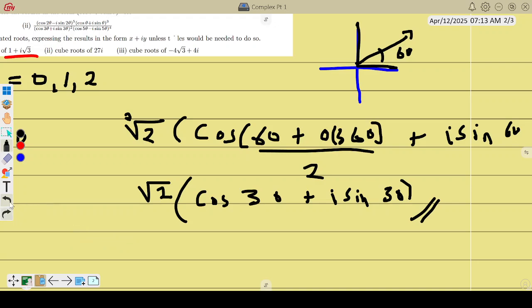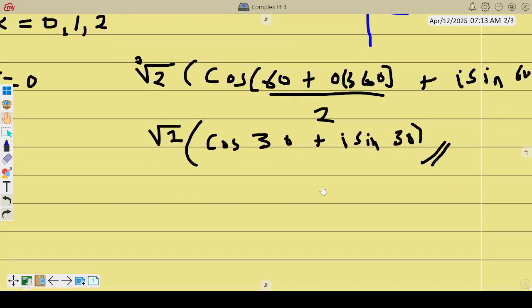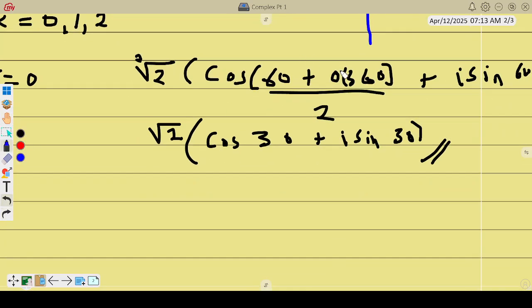And then now you go on, where there's k, you put 1. Let us soldier on just 2 more minutes. So where there's k, we are at 0, now we put 1. So when we put 1, what are we going to have?